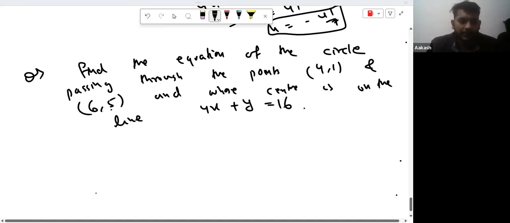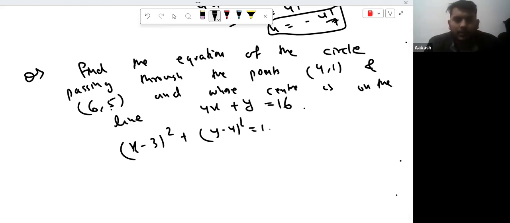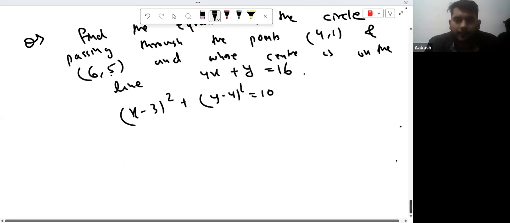So what is the answer? x square plus y square minus 8y minus 6x plus 15 equals 0. Okay, if we write it in standard form, it will be (x minus 3) whole square plus (y minus 4) whole square is equal to 10. Yes, sir. Afaf?